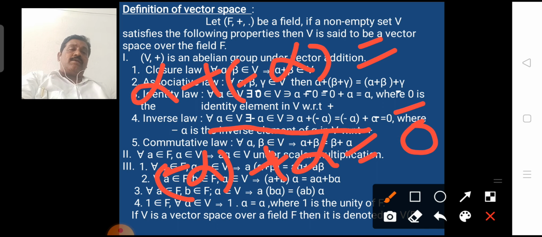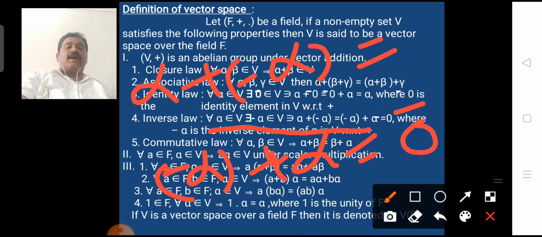Here already we have learned what is 0 bar. 0 bar is the identity element in V. Then minus alpha is called inverse element of alpha in V. This is called inverse law.